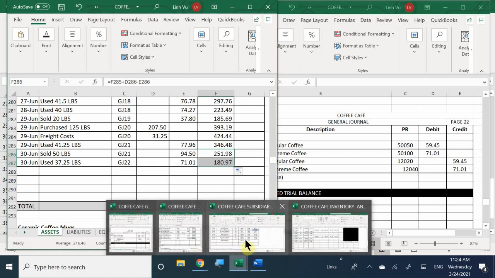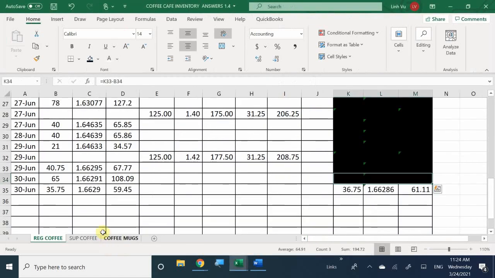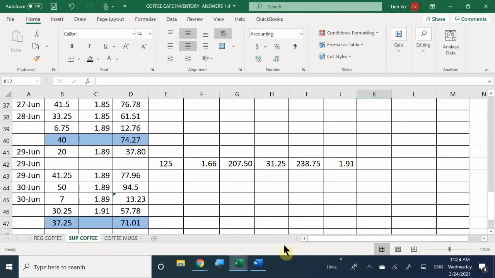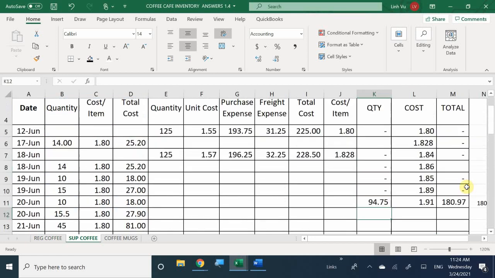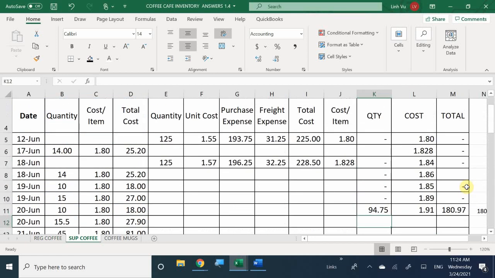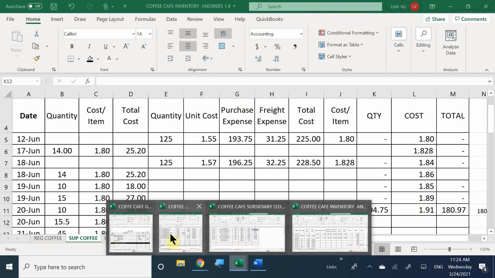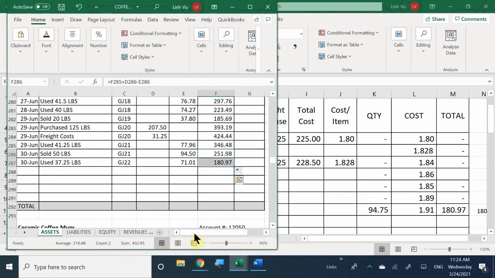I'm going to double check if that's correct in my inventory worksheet. Yes, 180.97 is on both ends. Excellent. Now we completed our ledger.